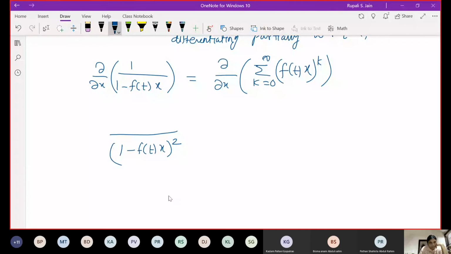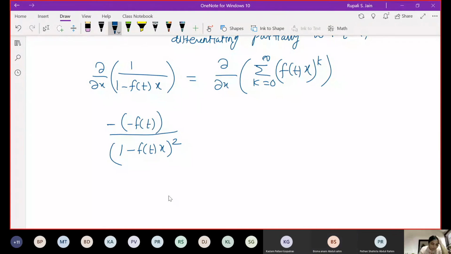So what is the differentiation of this with respect to x? It is minus f(t). Is it right? I am using the division rule here.